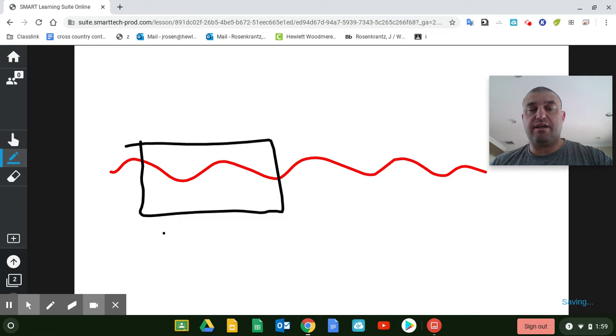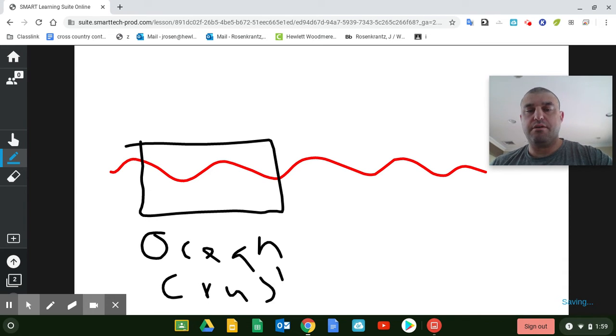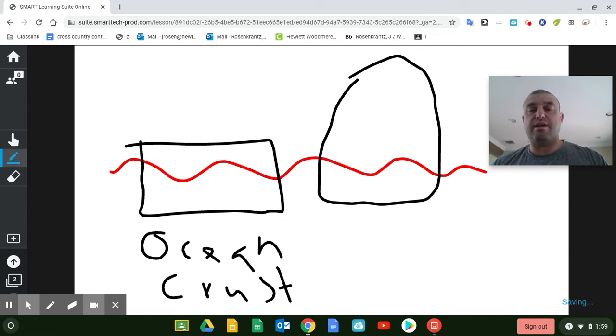So this would be the ocean crust, and this would be the continental crust.